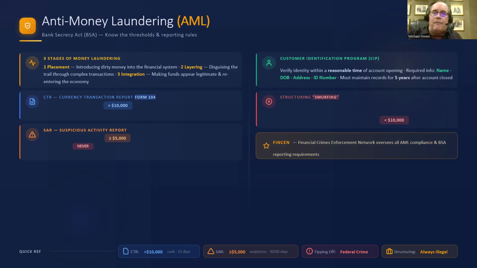So if you had dirty money that you got through drug sales or whatever it is that you got it through, that cash has to run through a legit business or a legit amount of money, and then it comes out the other end, what we call clean.